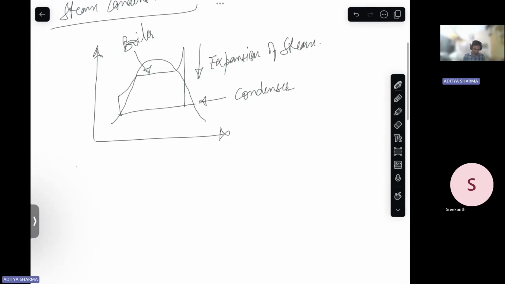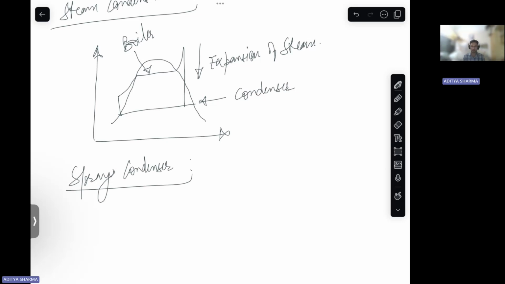If you talk about the spray condenser, what is peculiar about it? The cooling water is sprayed into steam.